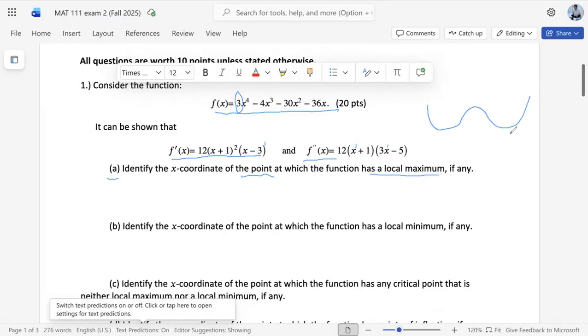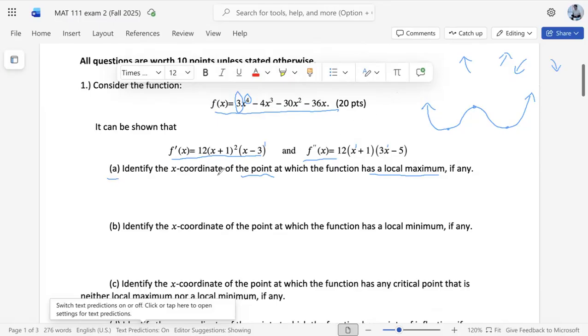Yeah, it goes 3 times, so we would have 1 maximum, 2 minimum. How do we know that? First, we know it's degree 4, an even degree. An even degree either goes up or goes down, that's the end behavior. In the middle, how many times does it wiggle? It depends on the degree. Degree 4 wiggles 3 times. Degree 6 wiggles more times, 5 times.